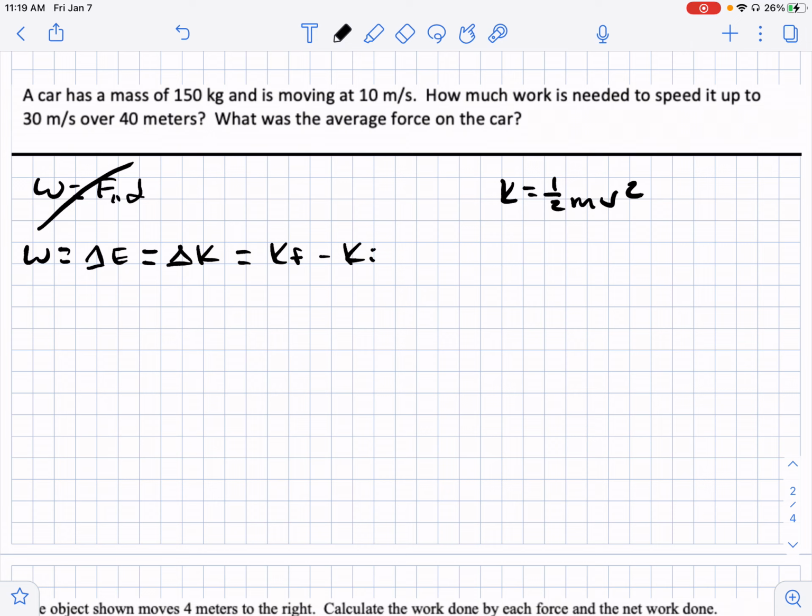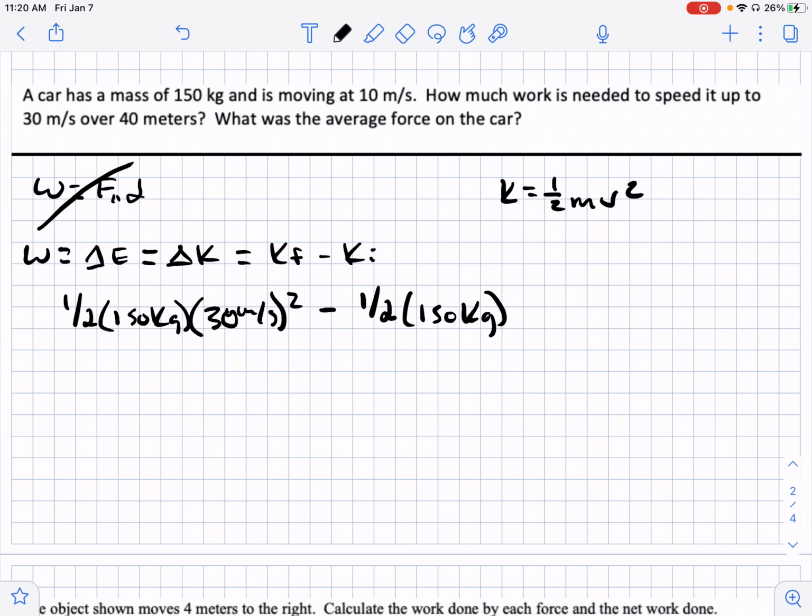So work is equal to 1/2 the mass of the car, which is 150 kilograms, times the final velocity of the car, which is 30 meters per second, squared, minus the initial kinetic energy. So you've got 1/2 the mass of the car, still 150 kilograms, times the initial velocity of the car, which is 10 meters per second, and then that's squared.